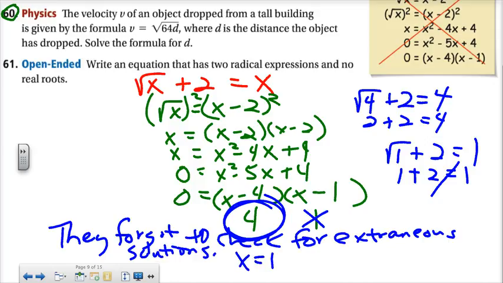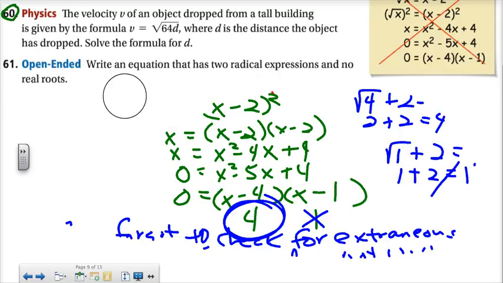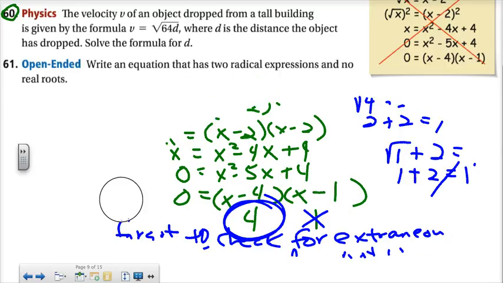X equals 1 does not work. So there's our description of their error. I'm going to go ahead and erase this and talk to you about problem number 60.